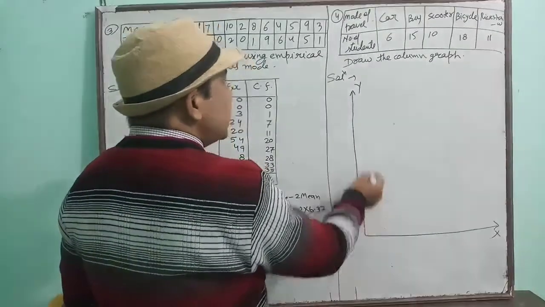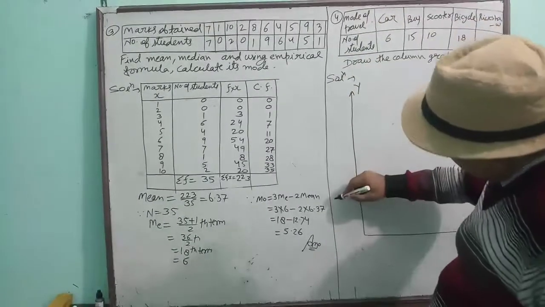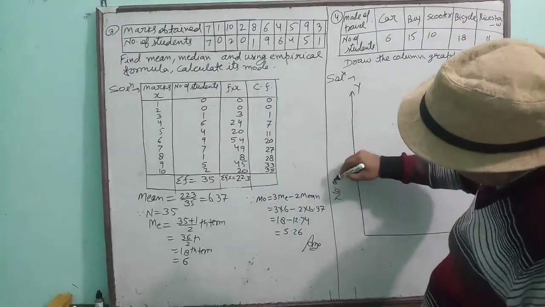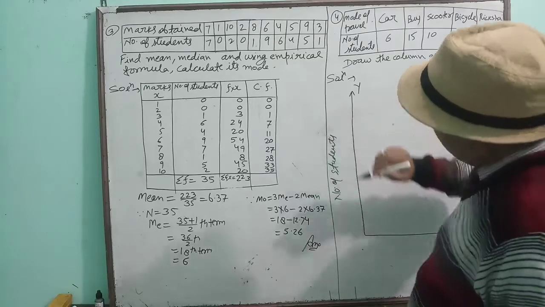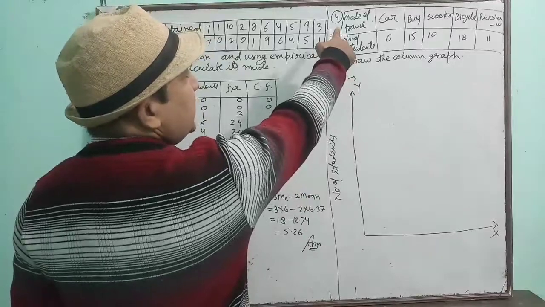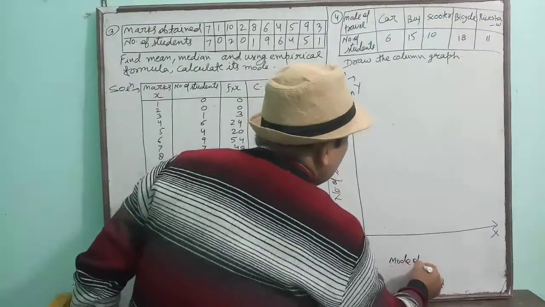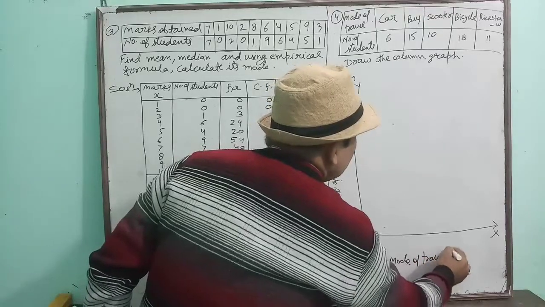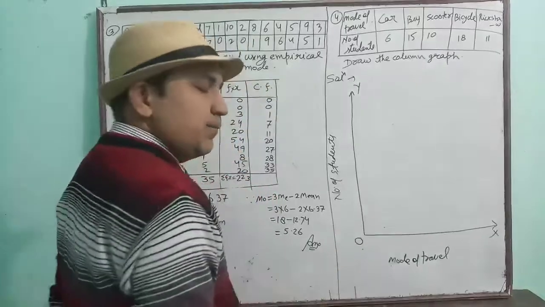On the y-axis, we always denote the frequency. Here frequency is the number of students. On the x-axis, we always denote the observation. Here the observation is mode of travel. This point is called origin.